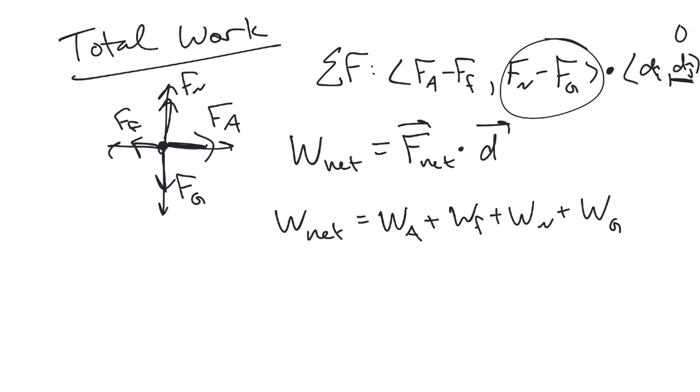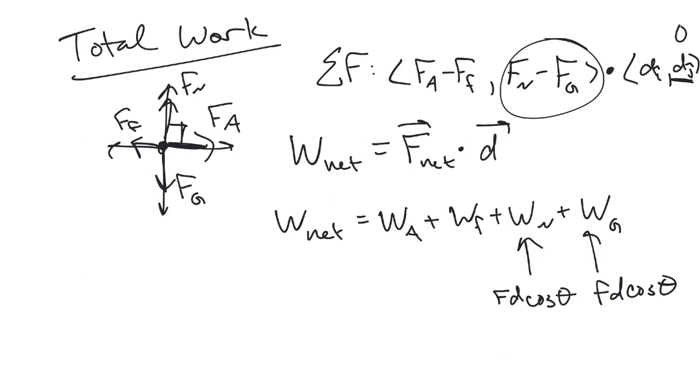So when you take the dot product, those would go away, which would be taken care of in this version too, because when you do your F d cosine theta, the angle between the force and the distance moved, assuming you're moving horizontally, is going to be 90, and those are going to cancel and go away.